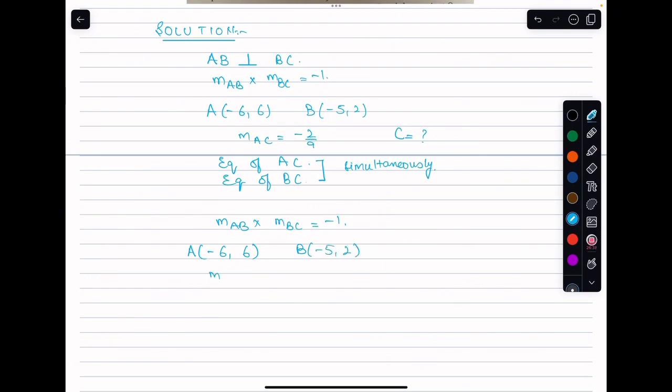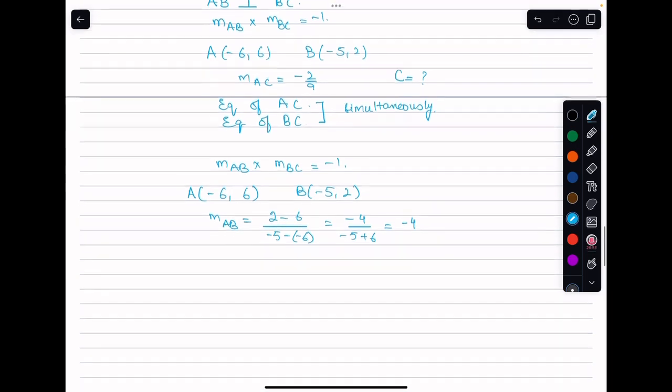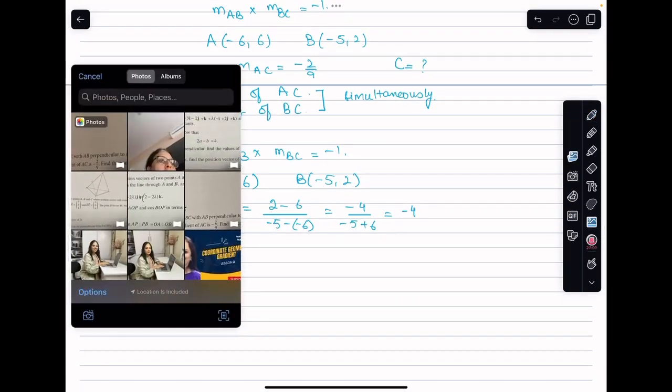So I can say that the gradient AB will be equal to (2 minus 6) divided by (-5 minus -6), and this will give me -4 divided by (-5 plus 6), which is 1. So I will be having the gradient of AB, which is -4.